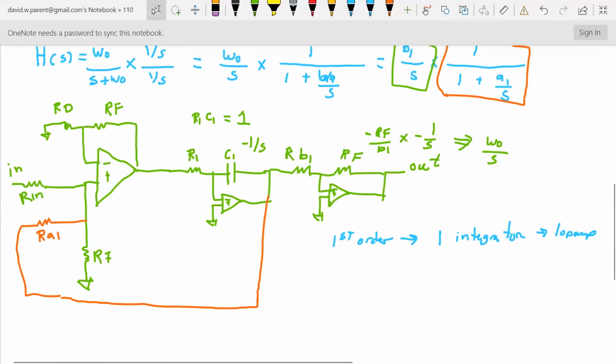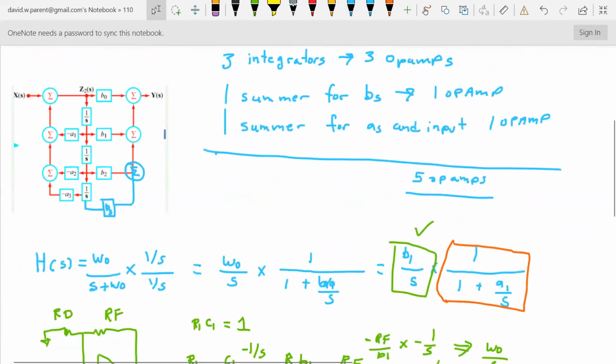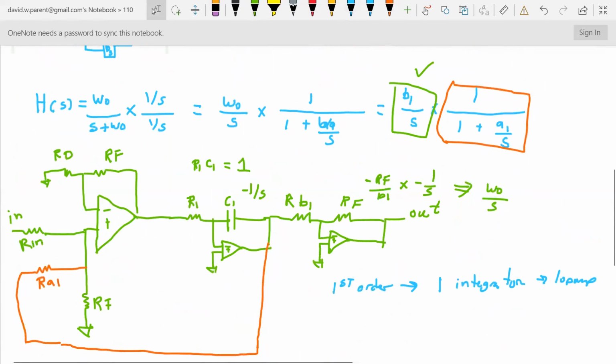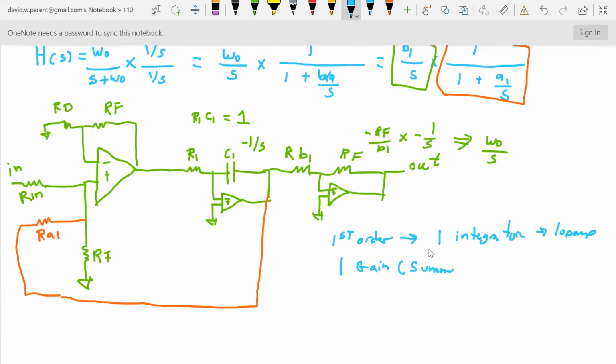Now, for advanced circuit designers, I could switch the input to inverting and get it to come out the other way, and I could probably get rid of that op-amp, but let's just stick to this structure for right now. So even though I'm not summing anything, I still need one gain, or it's really a summer with one signal, right?